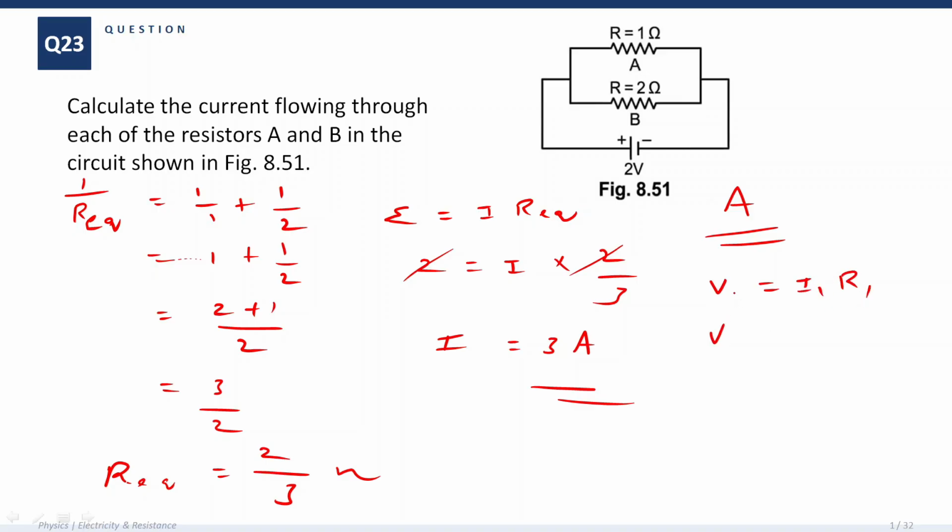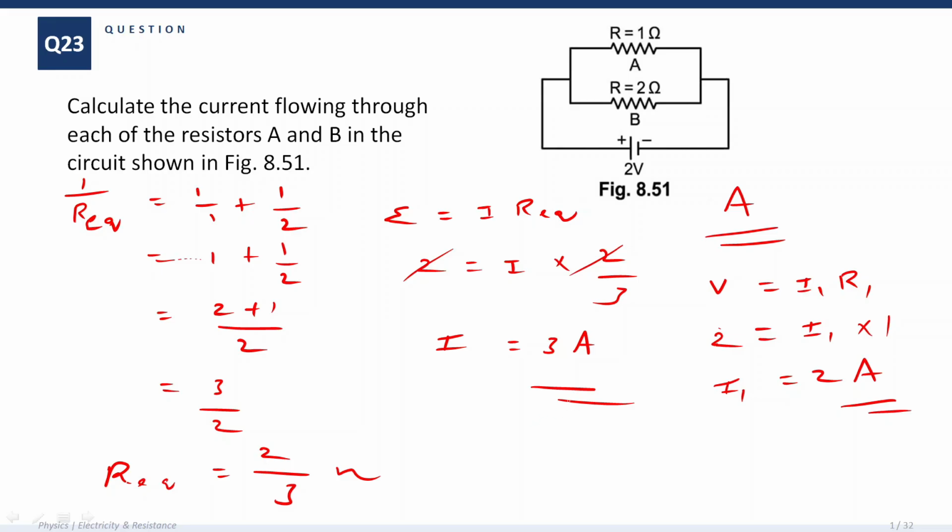The same potential now, so V equal to I1 R1. In place of V, I will write here 2 volt. I1 we don't know, R1 is 1. So I1 equal to 2 amperes. 2 amperes of current flows through resistor A.